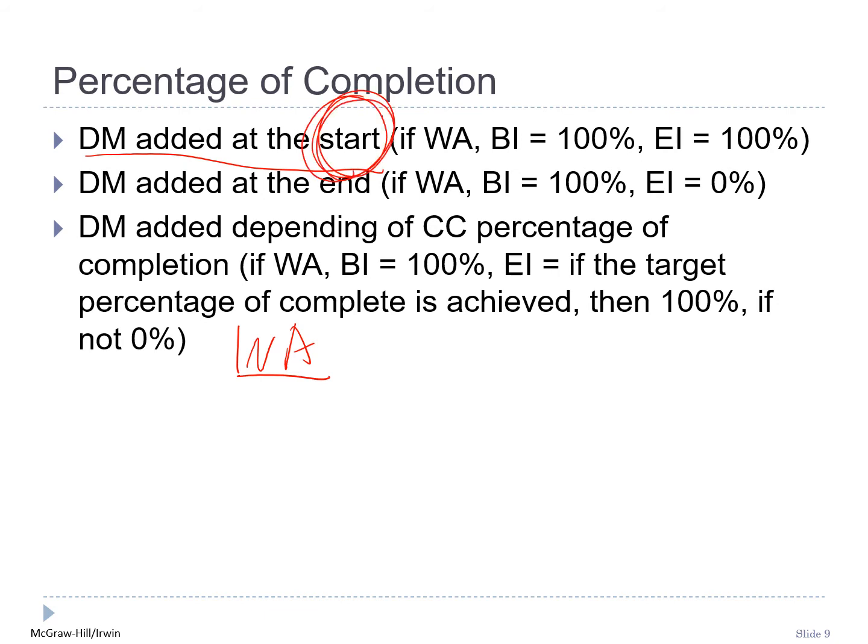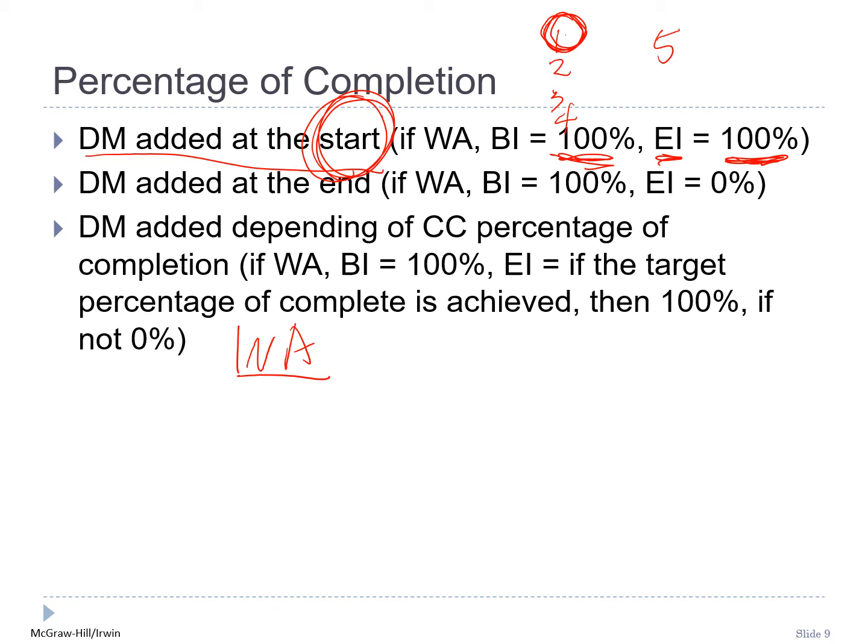So, kung meron kang 5 steps, so 1, 2, 3, 4, and 5. Step 1 pa lang, start ka pa lang ng step 1, 100% complete na yung materials mo. Kaya pag tinignan mo yan, yung beginning inventory mo daw is 100% complete kasi dumaan na sa step 1. So yung ending inventory mo 100% complete pa din.